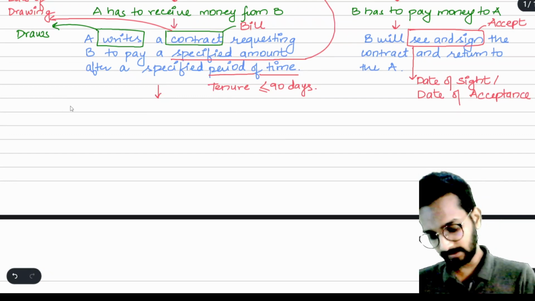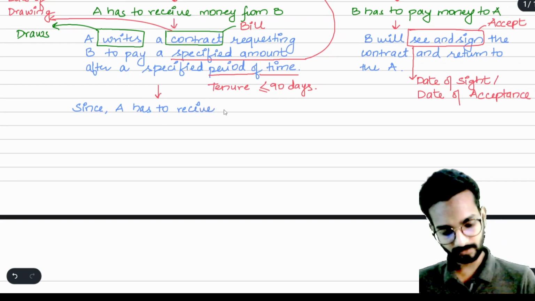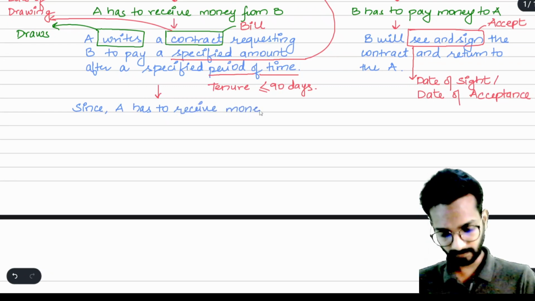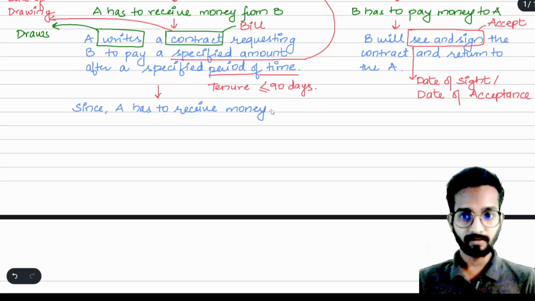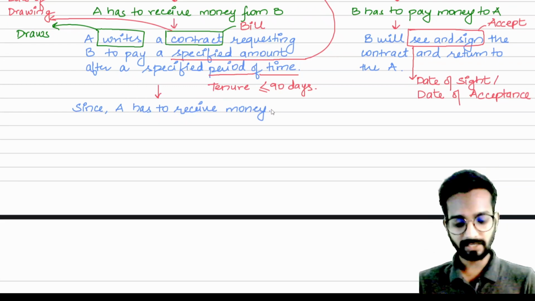Now we know that A has to receive money. That bill, A knows that he has to receive money, and that's why he is getting the bill.